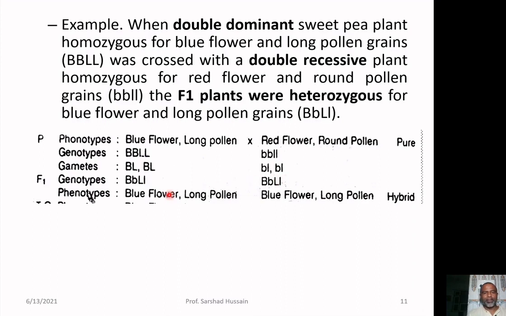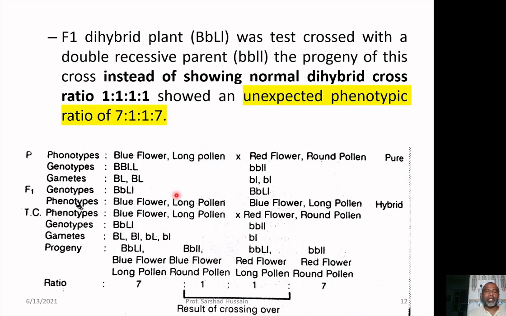So, in the F1 you are having the blue flower and the long pollen, blue flower and the long pollen, because in both of them the dominant character is there. But note it down, in the previous one again we were having the F1 generation exactly resembling the dominant parent, and here again you are having the F1 generation exactly resembling the dominant parent, but in the test cross it will show a different result.